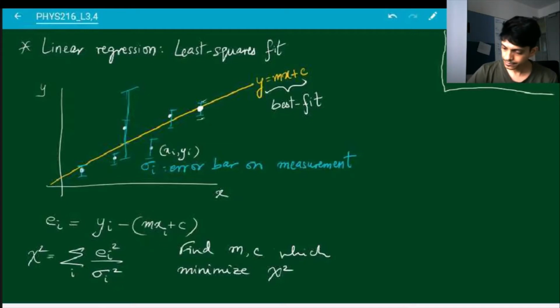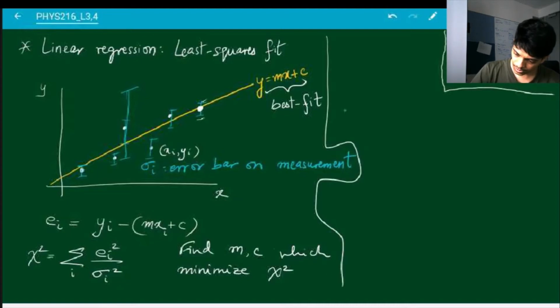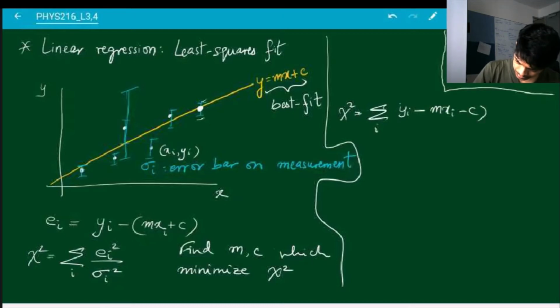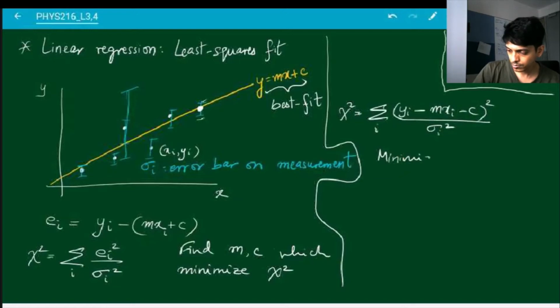So what does this become? Chi-square is the sum over i of (yi minus m xi minus c) squared divided by sigma i square, and we want to minimize with respect to m and c.